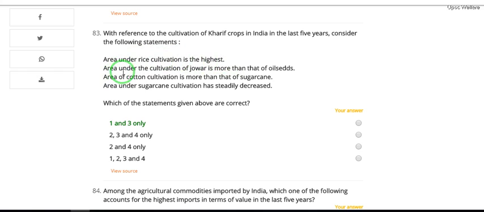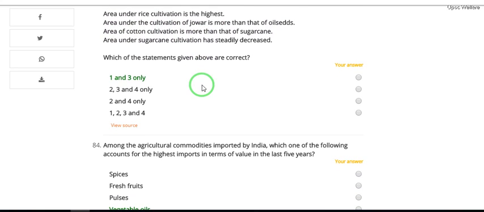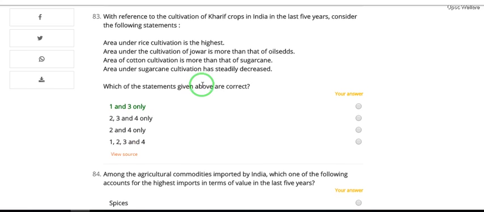Second, area under jowar is more than that of oilseeds. That's incorrect. Third, cotton cultivation is more than sugarcane, and there is no doubt. So 1 and 3 will be correct. Why is 4 wrong? Because area under sugarcane cultivation has not steadily decreased. So 1 and 3 will be the correct answer.